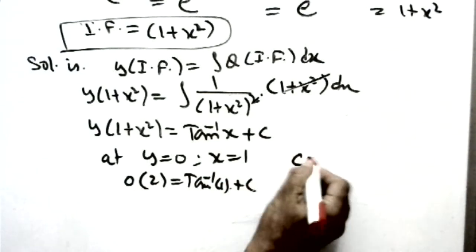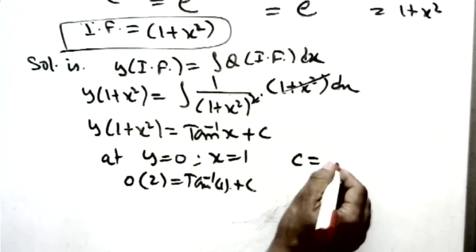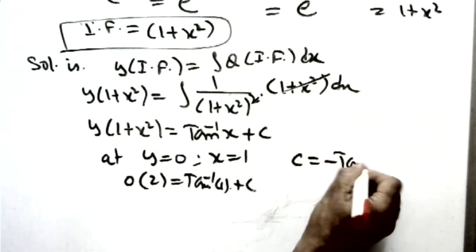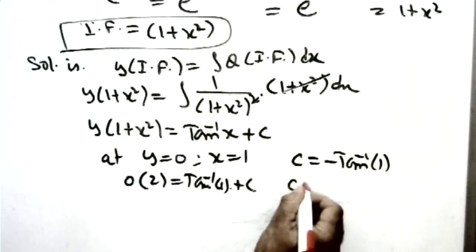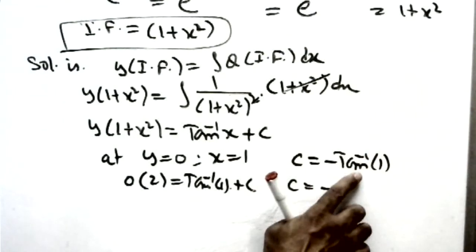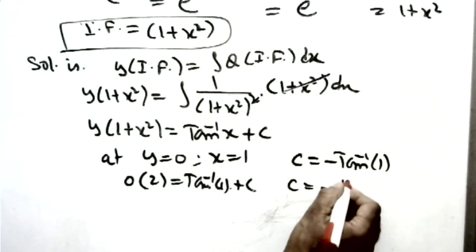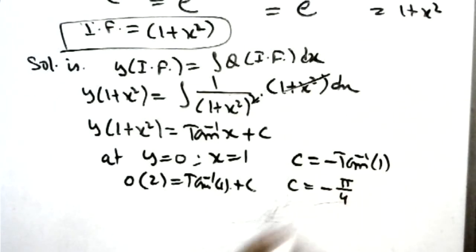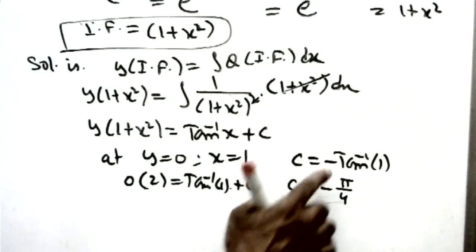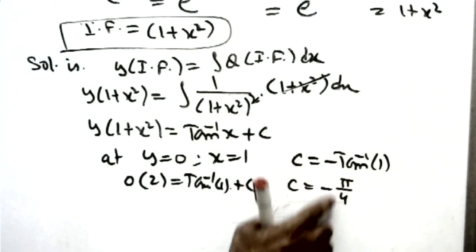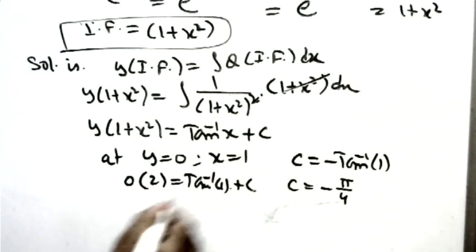Now 0 into a number is 0. So what is left here? Bringing tan inverse 1 to the other side, c equals minus tan inverse 1. Tan inverse 1 is 45 degrees, and 45 degrees is pi by 4.